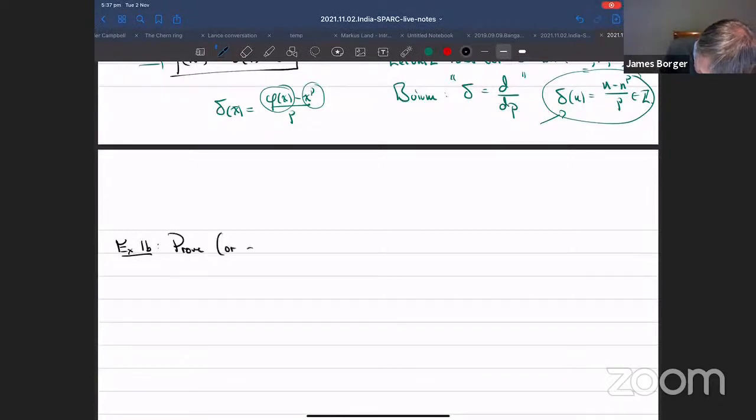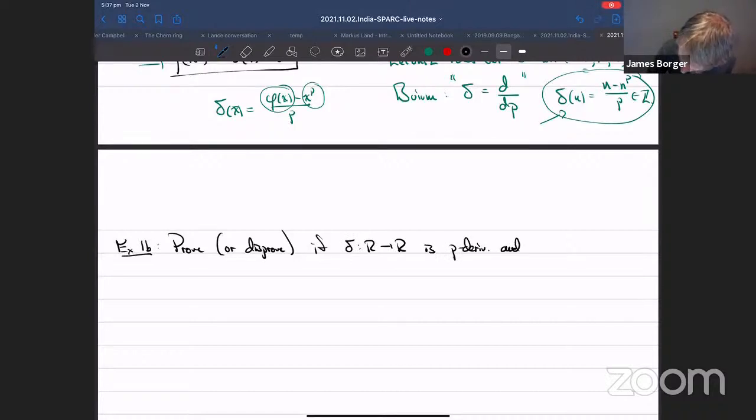Prove or disprove that if delta is a p-derivation and delta is the zero map, then the ring R is the zero ring. I would guess this is probably true.